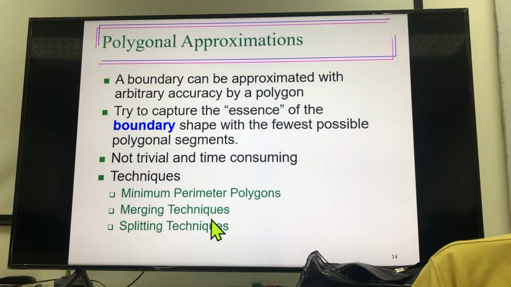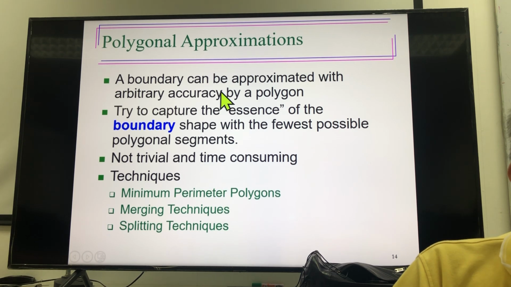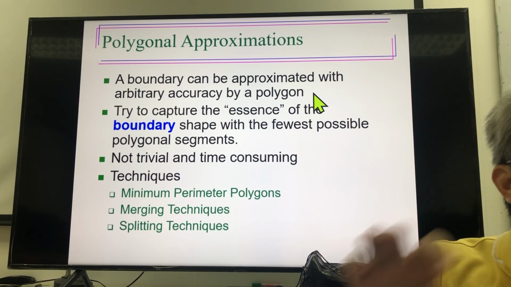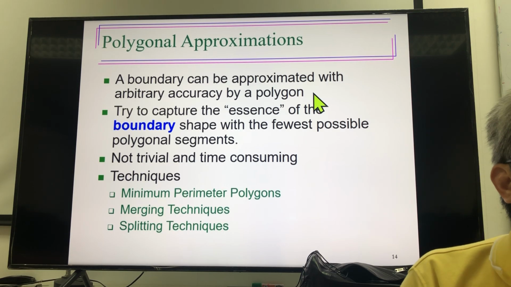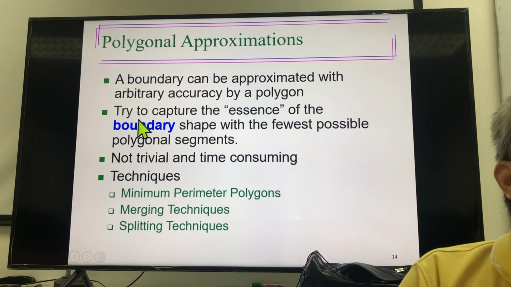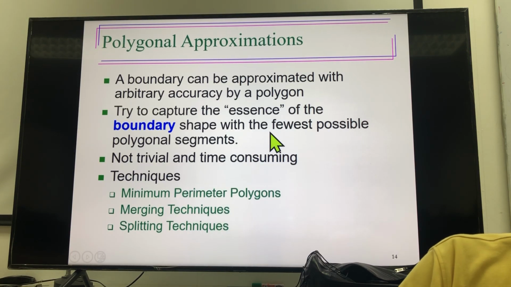Next is polygon approximation. How do you approximate a polygon? A boundary can be approximated with arbitrary accuracy by a polygon. So if you've got a very long boundary, you might want to capture the essence of the boundary shape with as few polygon segments as possible.